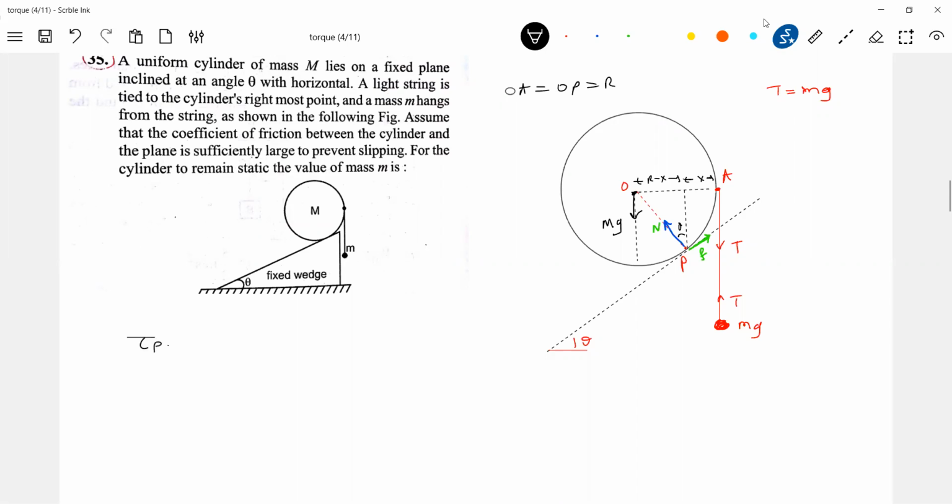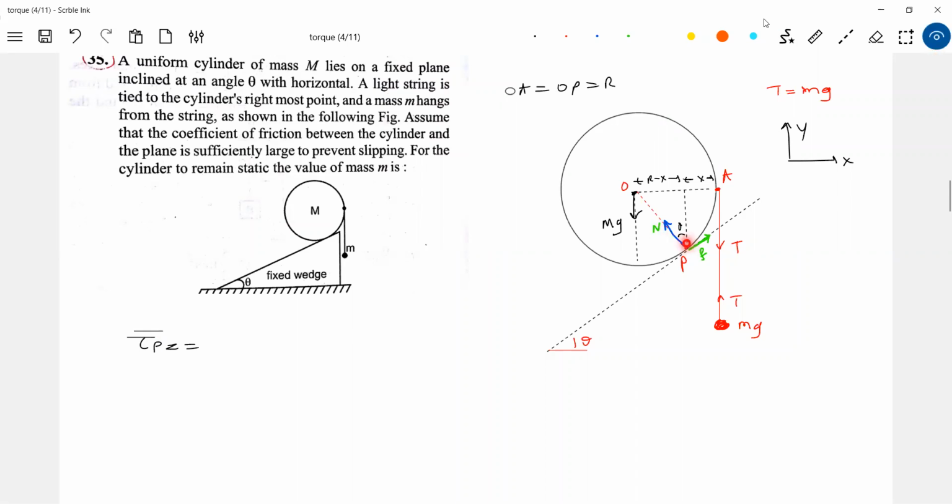Now, torque about point P, let me directly go for torque about point P. Torque about an axis passing through point P perpendicular to the plane. Always assume in which plane the body is lying. The diagram is in the XY plane, so therefore the Z axis will be perpendicular. So torque about an axis passing through point P perpendicular to the plane, this should be called net torque. Torque due to normal reaction and friction will be 0, no?